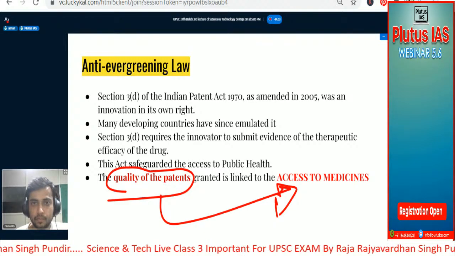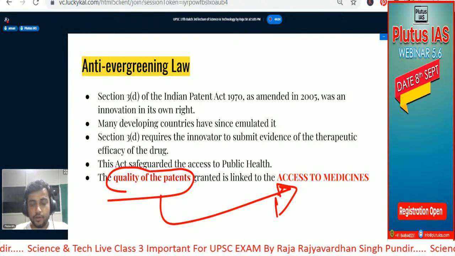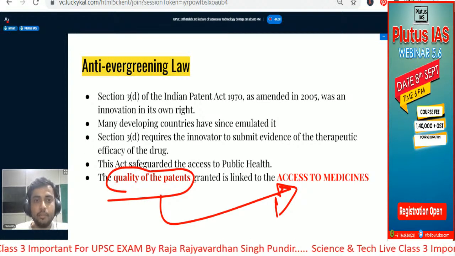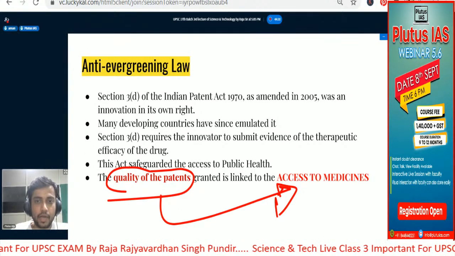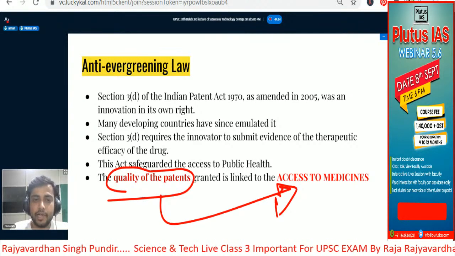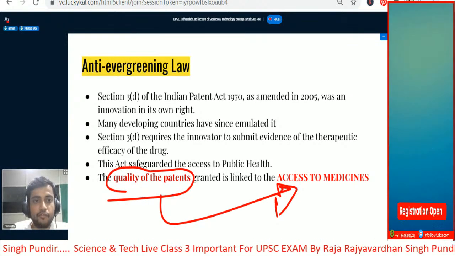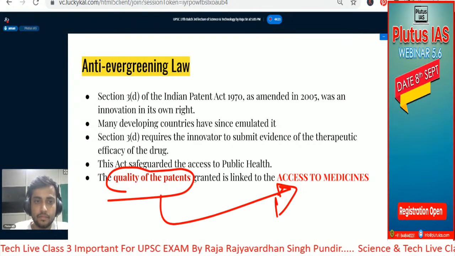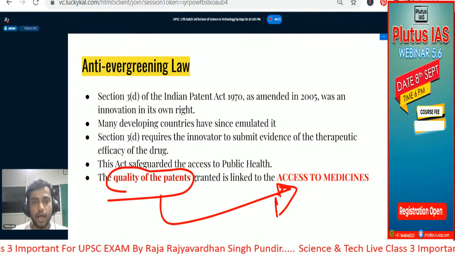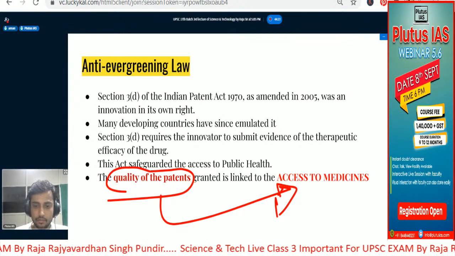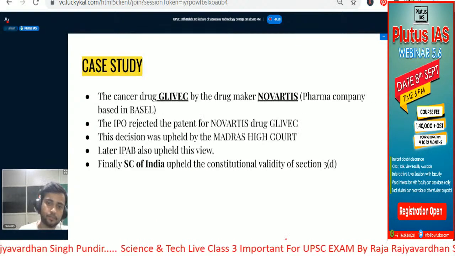And if there is a new cancer drug in the market in which we have done only minor changes, and we want a patent for that, once a medicine gets patented, it will be very difficult to get its generic version. Yes, I will come to your point. You asked a very good question yesterday. I will come to that, and all your doubts will clear.